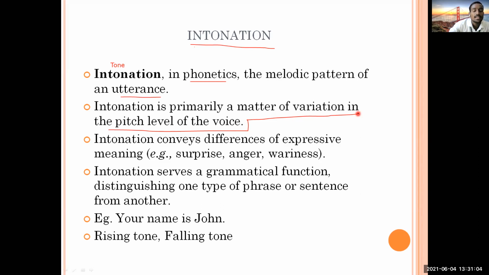Sometimes we increase the voice, sometimes we decrease it. So there is variation in the pitch level of our voice. Sometimes we increase, sometimes we decrease. So this is intonation.